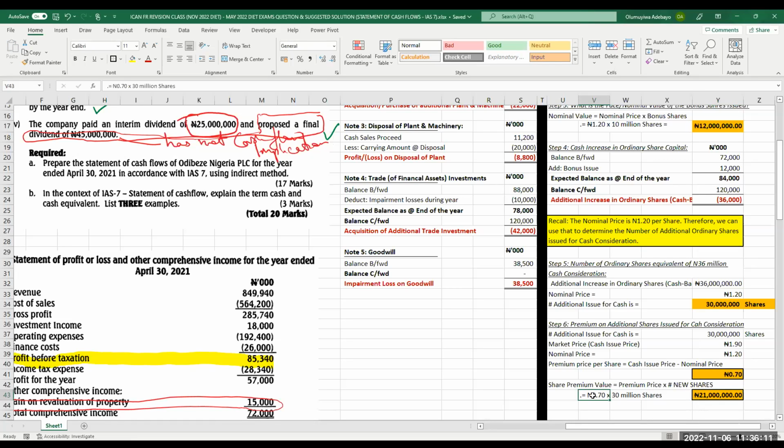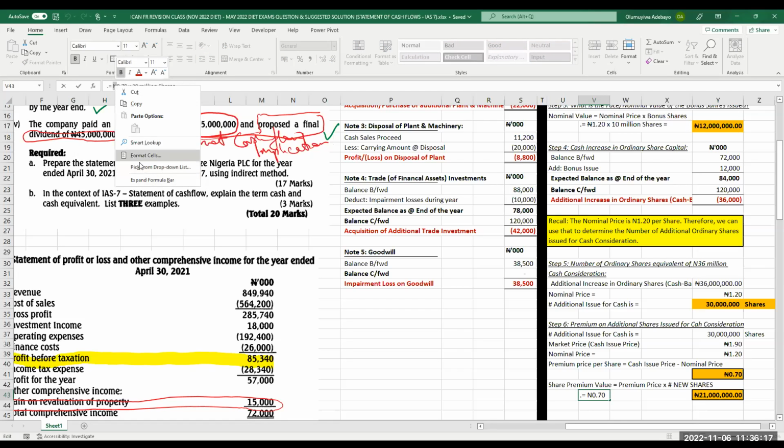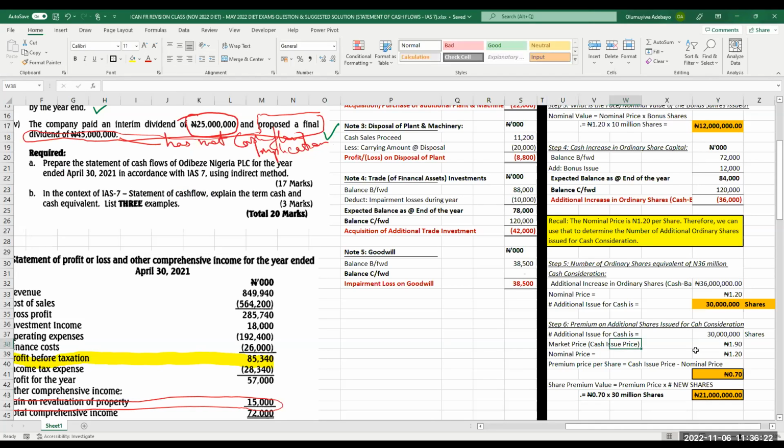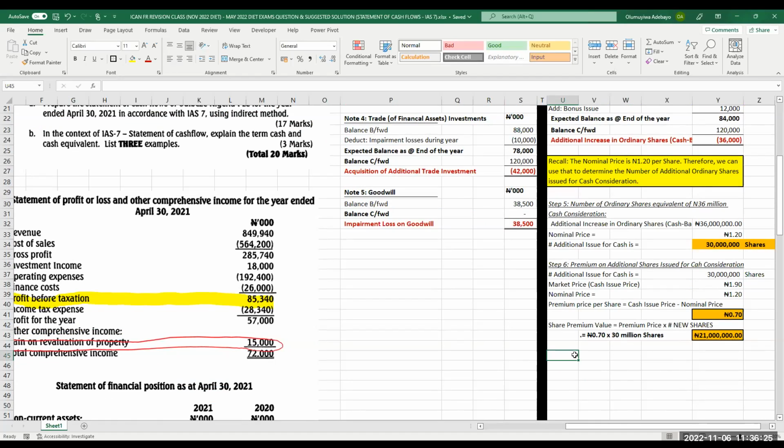Therefore, this 21 million naira, we found it somewhere before, and we're going to trace it. We'll trace it by saying movements in share premium account. What is the movement in share premium account? Figures are in thousands.